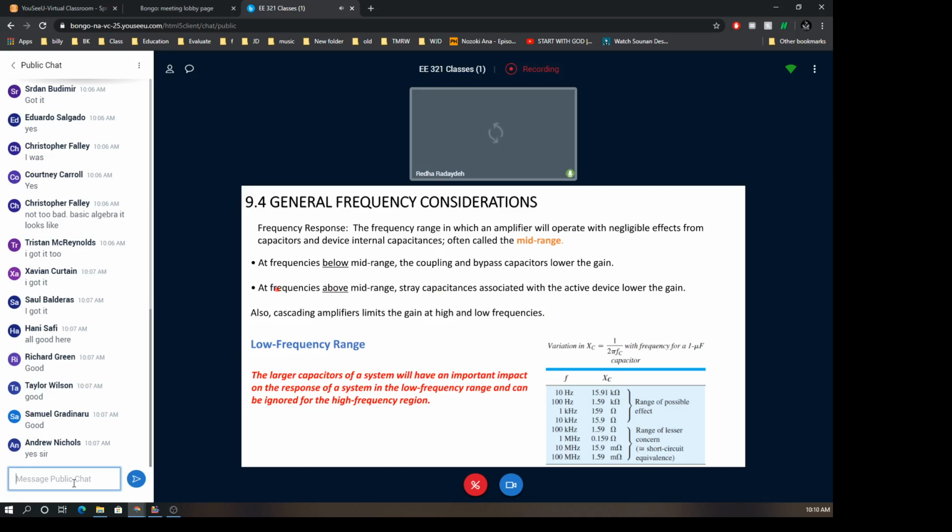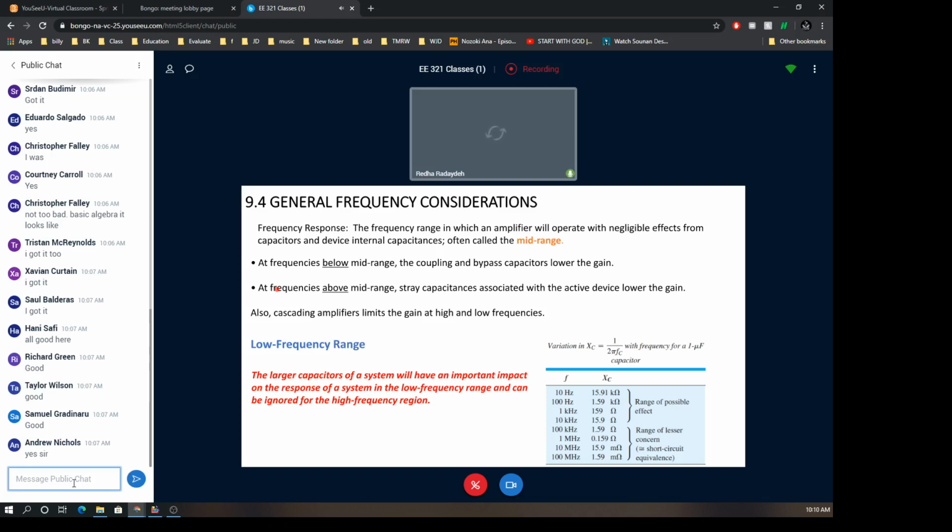So we have that mid-range. We will have a slide on that, but just to explain the concept we are talking about here. The amplifier will have a frequency response, which says that over the frequency F, the gain in magnitude AV provided by that amplifier is not always flat at the maximum value.